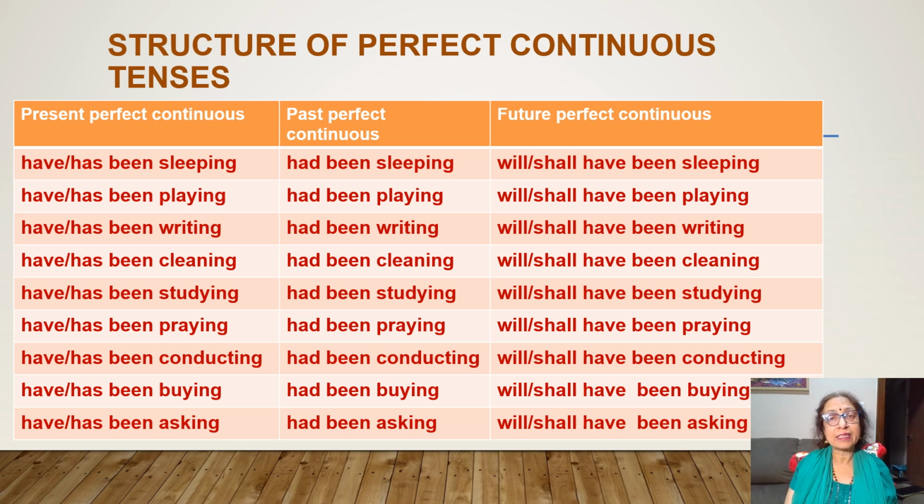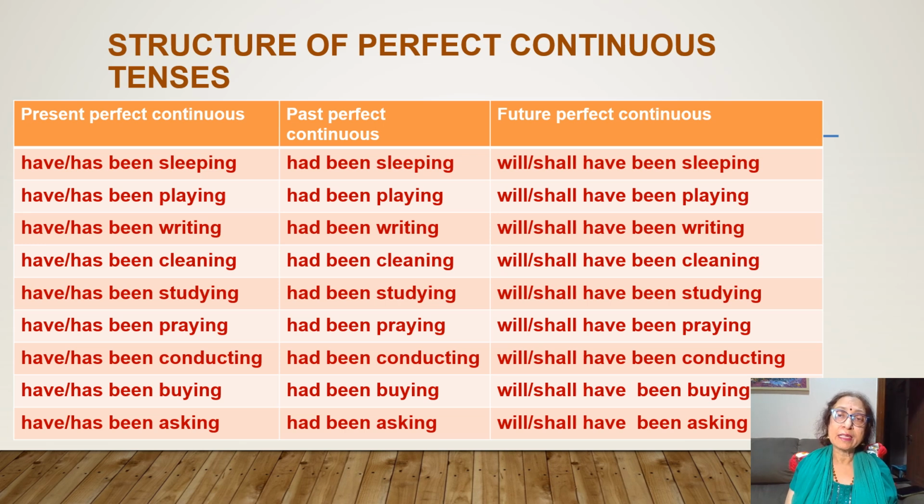Second syllable stress. Noun, first syllable stress, conduct. The con becomes kun in the second, that is verb usage. So you need to remember this also. Although we are doing grammar, I gave you a little hint on pronunciation. Then buying, then asking. All the forms are ing.